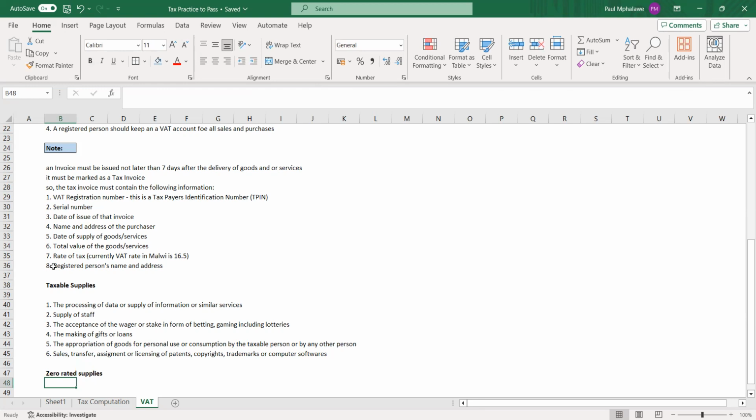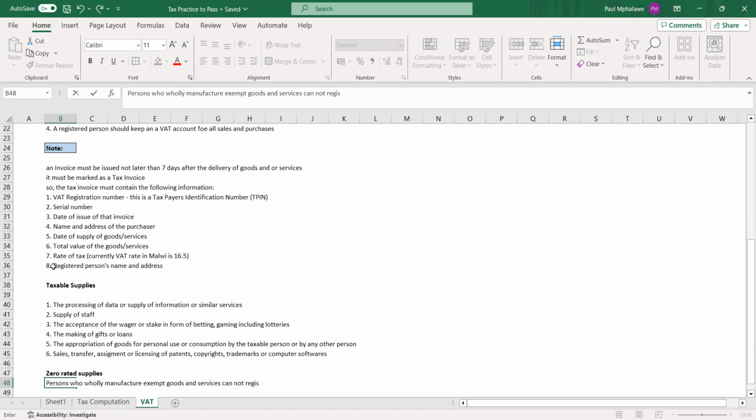Persons who wholly manufacture exempt goods and services cannot register for VAT.